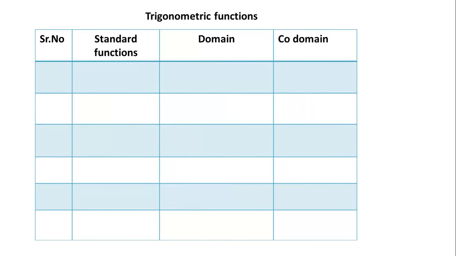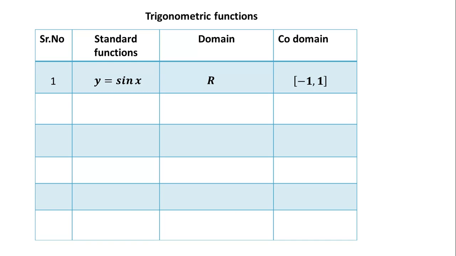So see this table. First function is y = sin x. To define this as a function, the domain of sin x is R. R means the whole real line. And the codomain of this function is the closed interval -1 to 1.